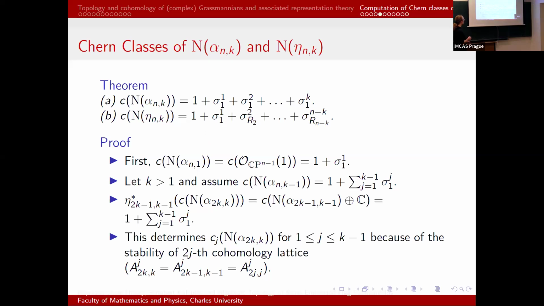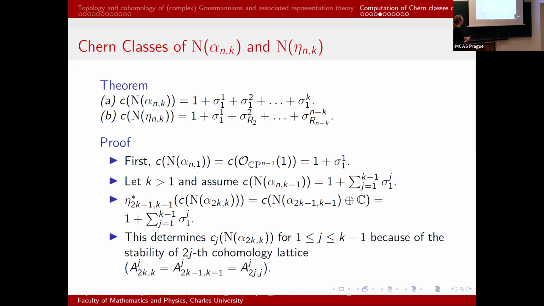So we see that the Chern classes of the vertical normal bundle are, the j-th Chern class is the Poincare dual of the partition which corresponds to the column of length j, and dually the j-th Chern class of the horizontal normal bundle is the row of length j.